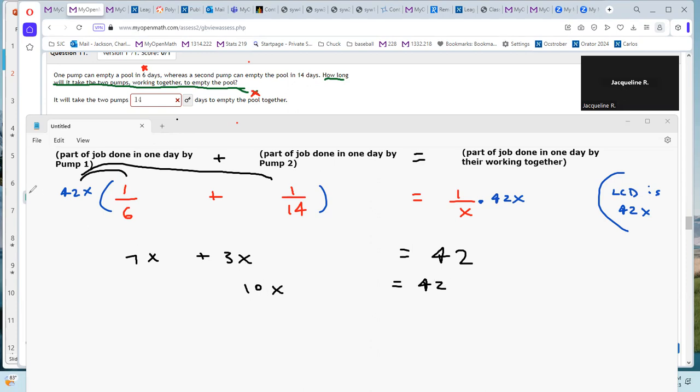We can have 4.2 for x. And then it'd take 4.2 days to empty the pool together. A number less than 6.